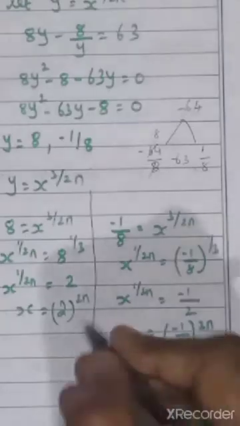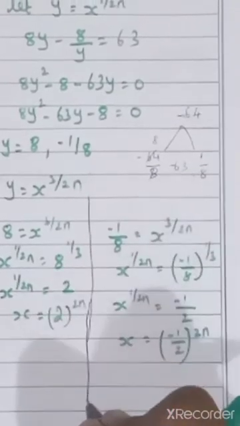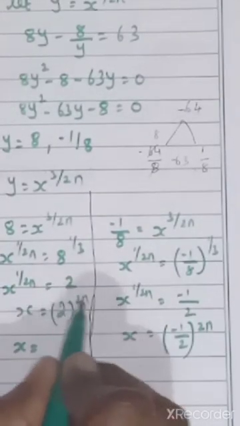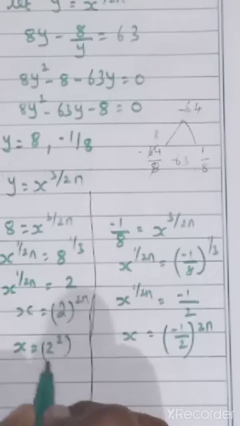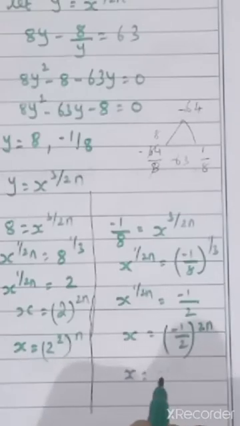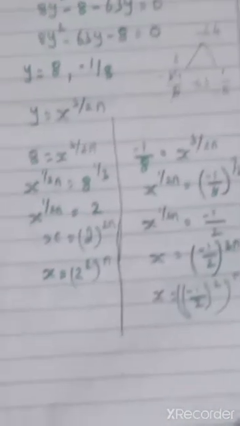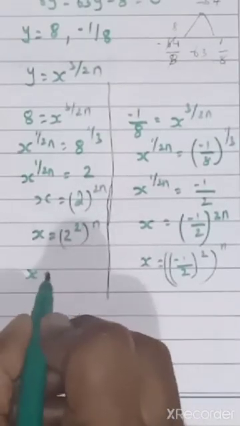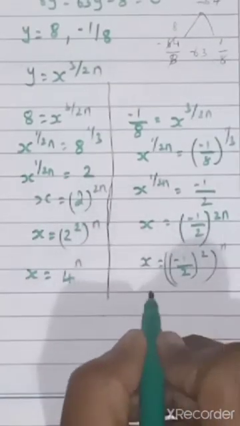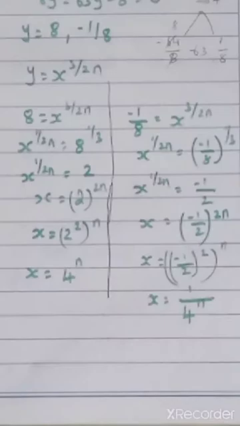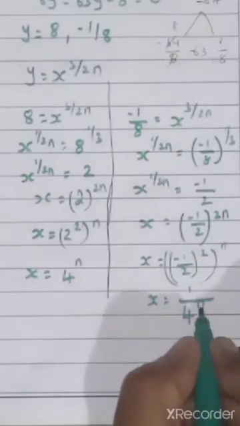Similarly x equals 2^(2n), and x equals (minus 1 by 2)^(2n). If you simplify this you will get x equals 4^n, and similarly here x equals (1 by 2 twos are 4) power n. So your final answer is 4^n.